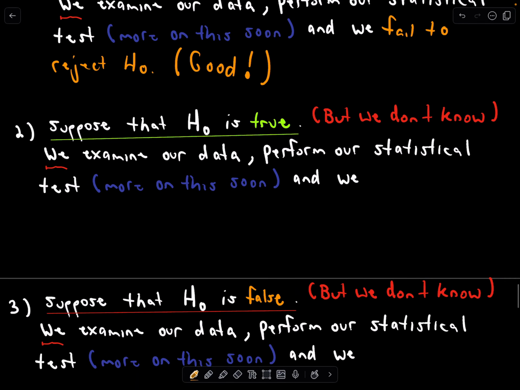Suppose that null hypothesis is ultimately true. There's no difference. But we look at our data, we perform our statistical test, and suppose we decide to reject that null hypothesis.